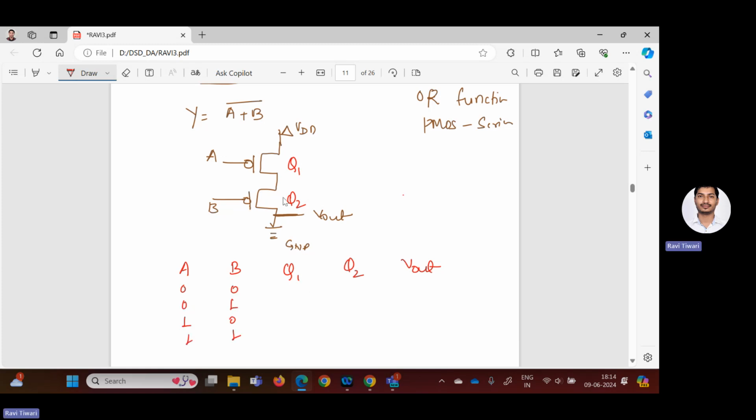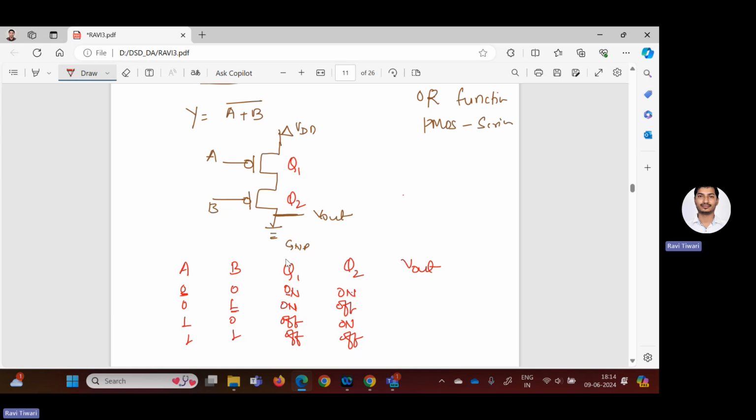You know that both are PMOS. So if it is 0 0, then it will be on, so on, on, on, off, off, on, off, off. Why? Because PMOS will be on if the input is 0, right? And it will be off if the input is 1.